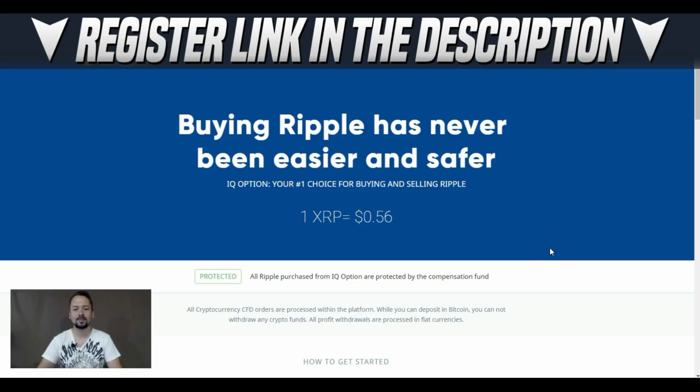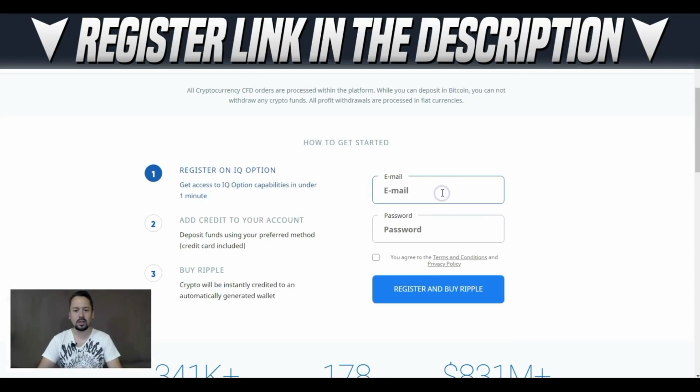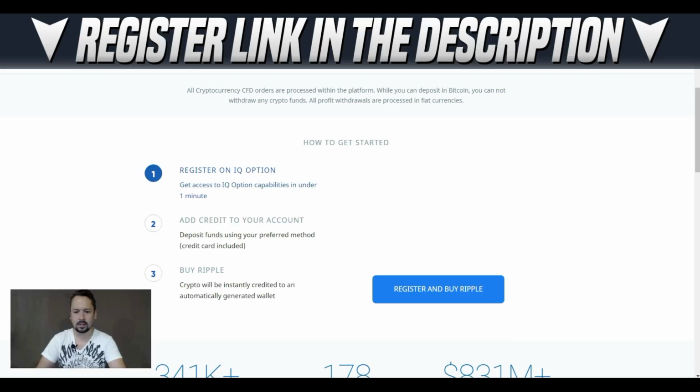So let's get started. We will need only our email address and a rather complicated password for registration, because the more complicated the password is, the more secure your money is.